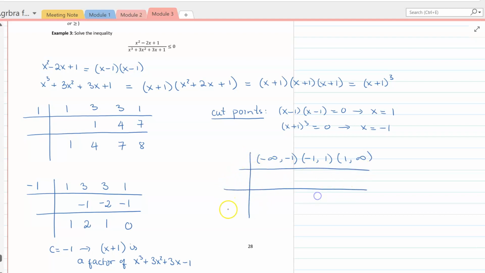And again, I will make the test values: x equals negative 2, x equals 0, and x equals 2. The numerator is x minus 1 squared, and the denominator is x plus 1 to the third.